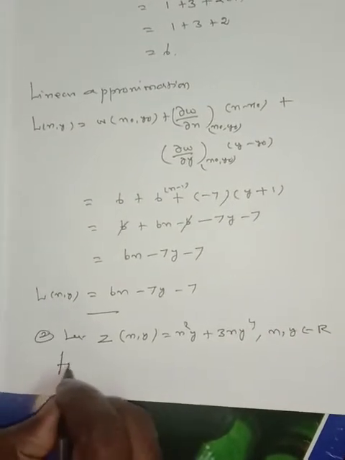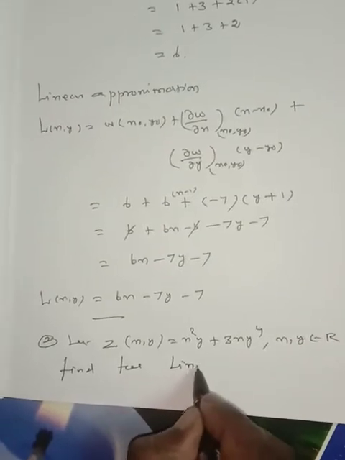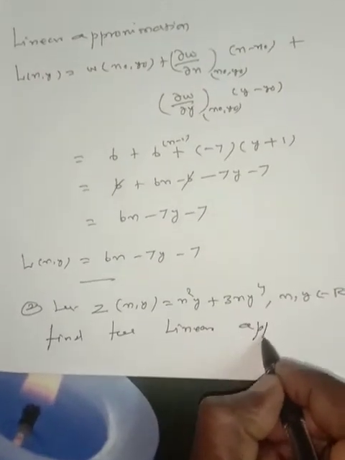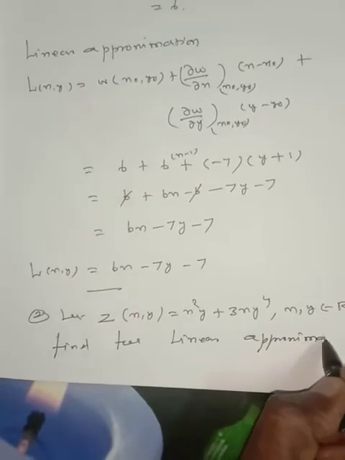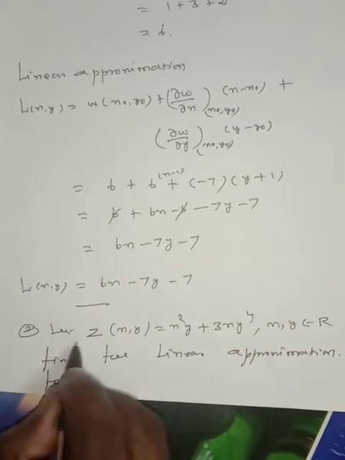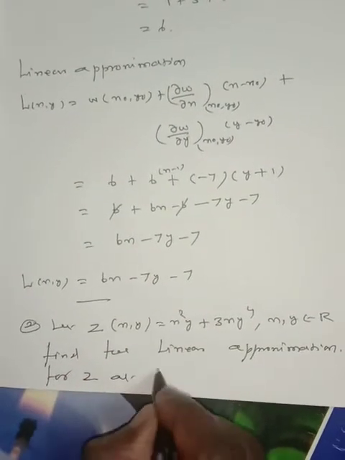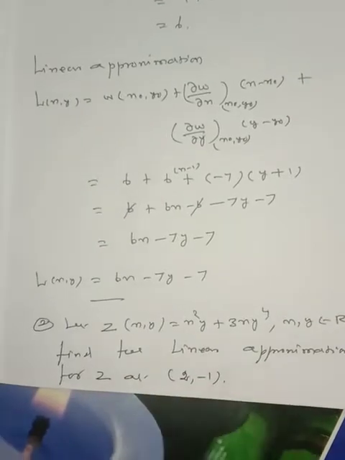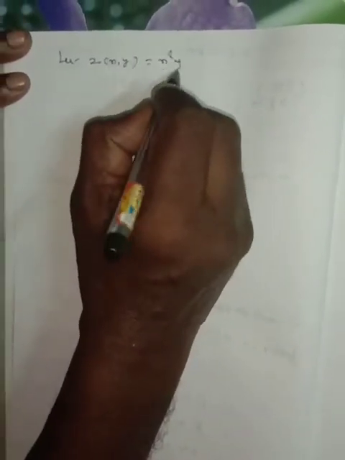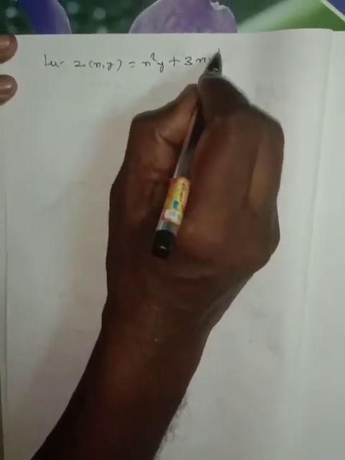Find the linear approximation for the given function z at 2 comma minus 1. z of x, y, there are two variables: x square y plus 3xy to the power of 4.